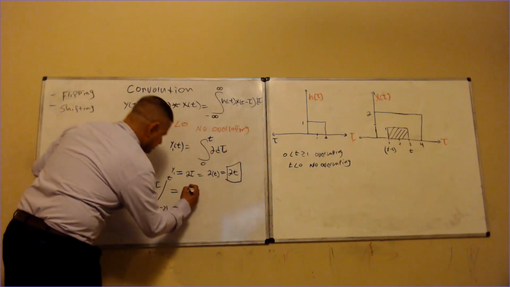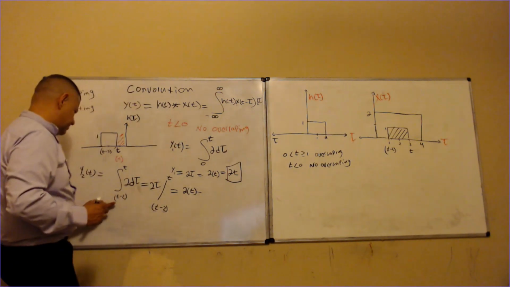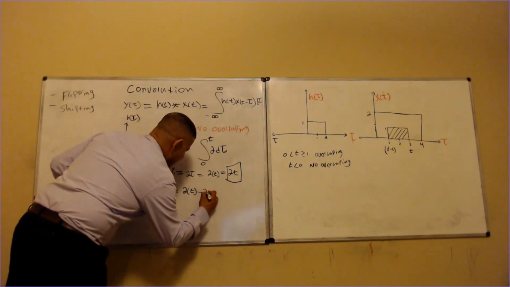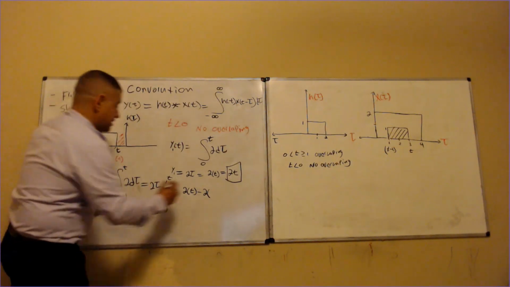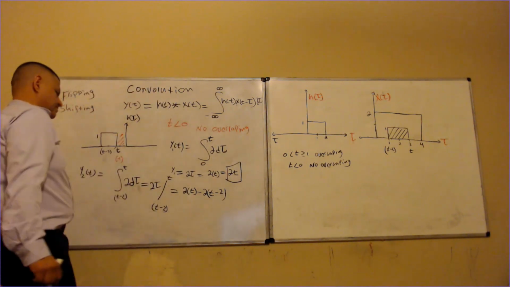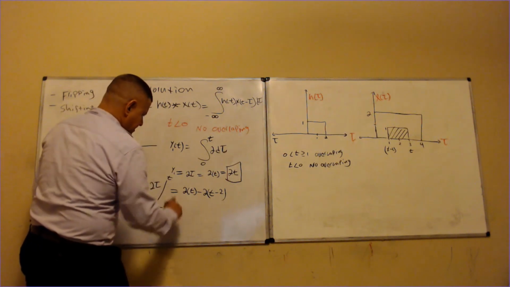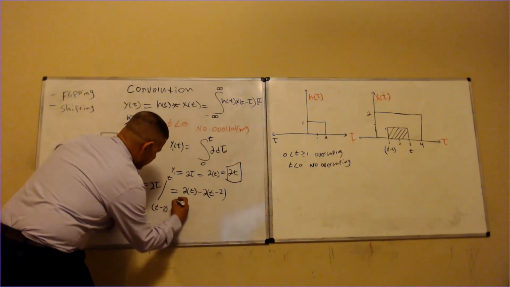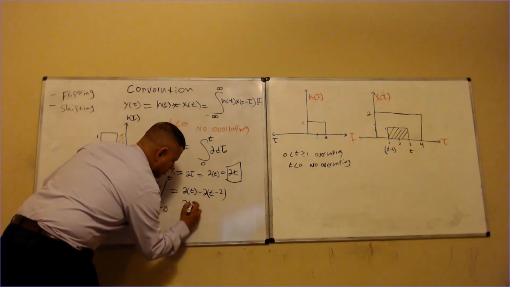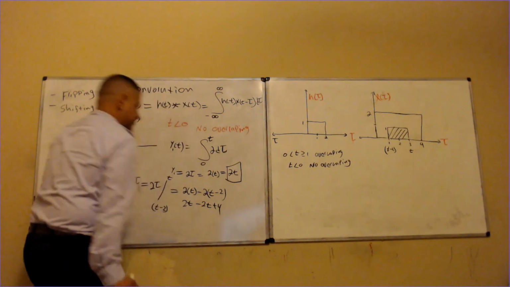So it's going to be 2t like this, right? Minus 2 times t minus 2. So when I do that, I get 2t minus 2t plus 4.